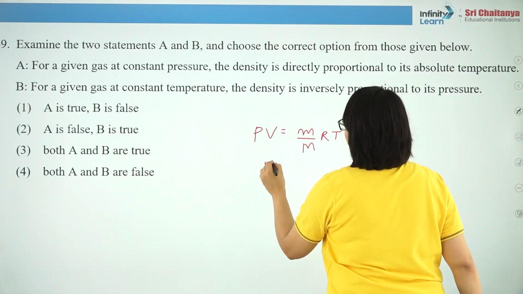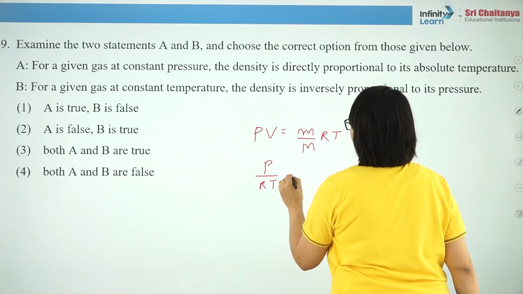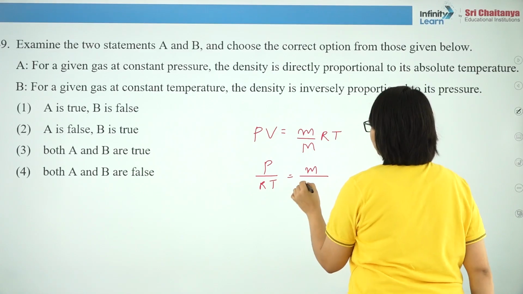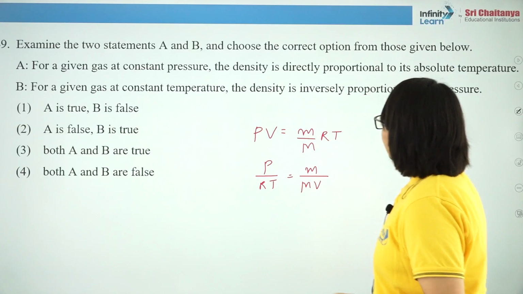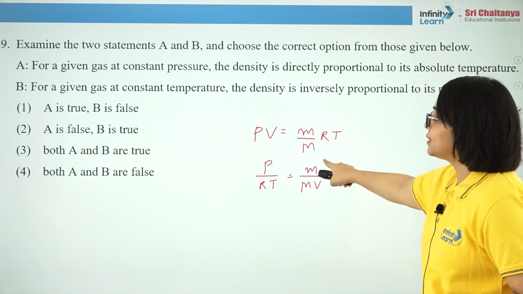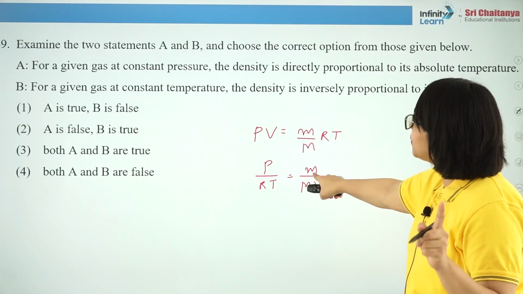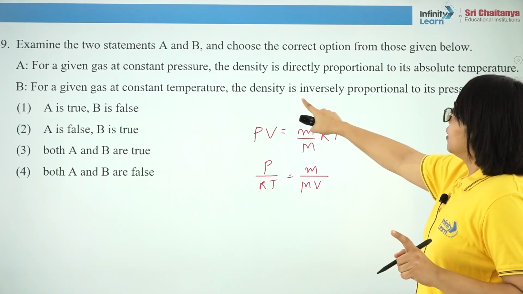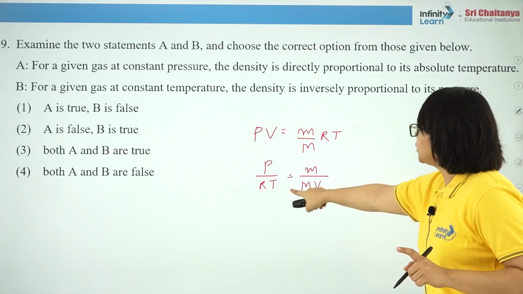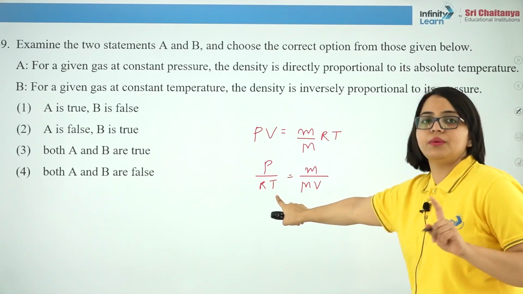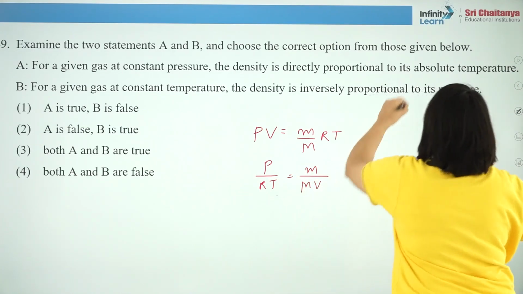So, over here P upon RT is equal to m upon M into V. Mass upon volume will be density and it is directly proportional to pressure and inversely proportional to its absolute temperature, right. So, if pressure is constant, is density directly proportional to its temperature? No, it is inversely proportional to temperature, right. So, statement A is false.